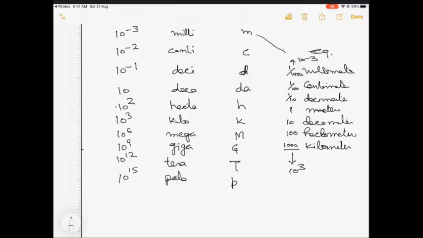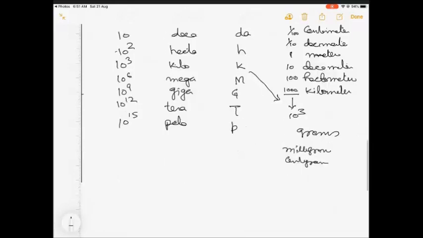So this example comes from this part, and it is in meters. If you go in grams, this becomes milligram, centigram, decigram, then gram, decagram, hectogram, and kilogram.